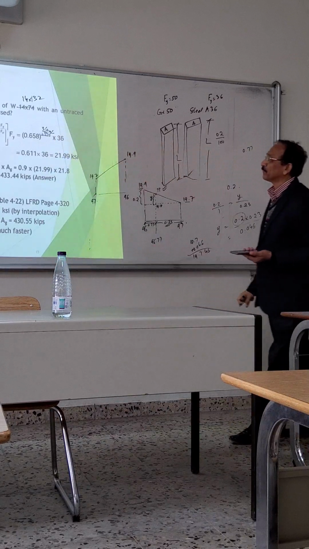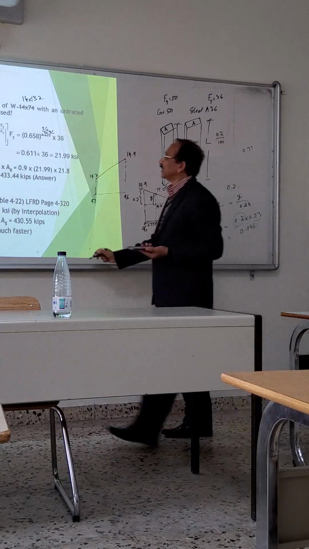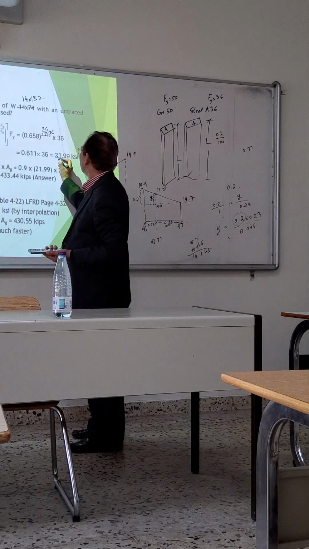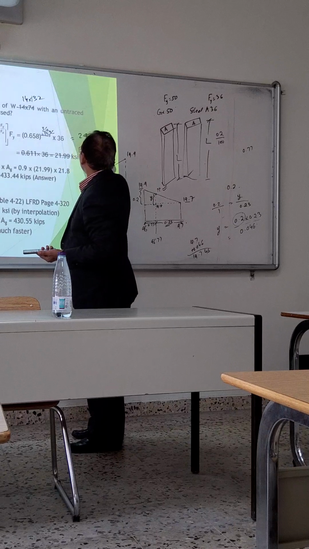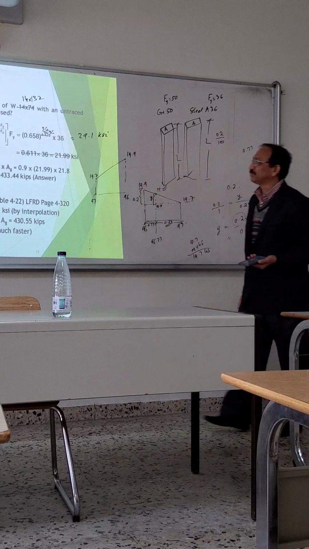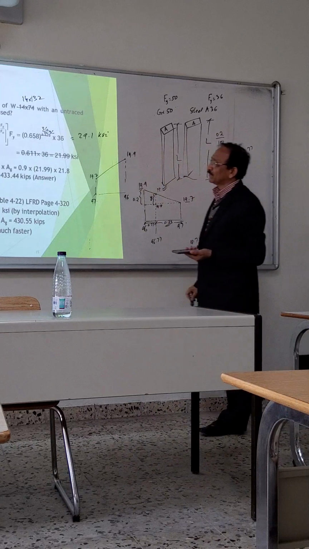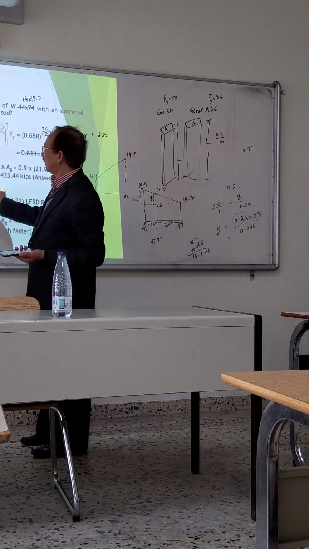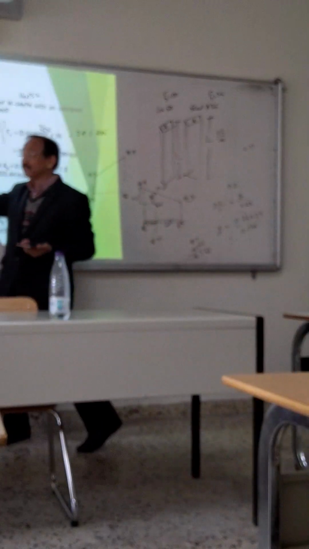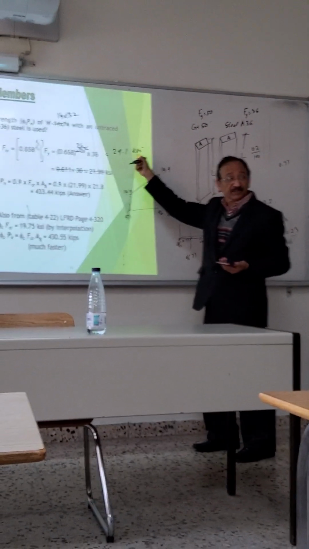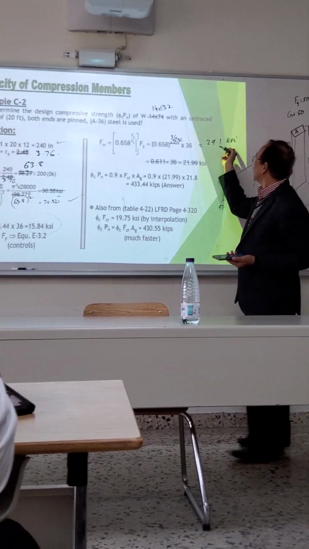How much? 29.1 KSI. You can see here the slenderness ratio has decreased. Earlier it was 96.77, now it is only 63.8, and this value is increasing. So you get 29.1 KSI.